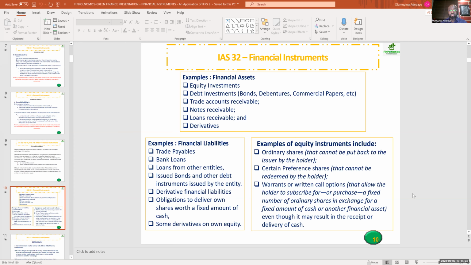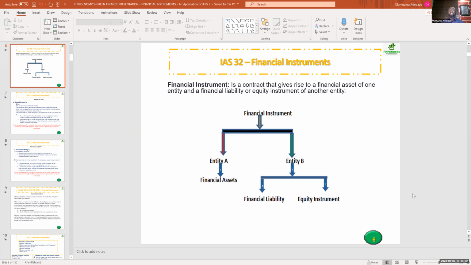Now, if we go back, what we are saying is this. If entity A is a surplus unit and entity B is a deficit unit, entity B needs funds to carry on the business of the entity.